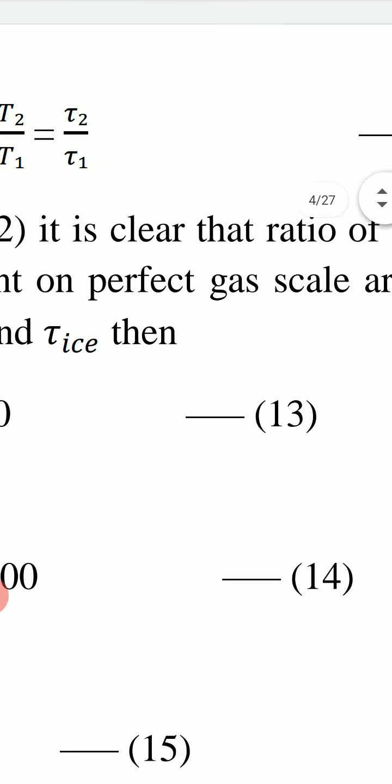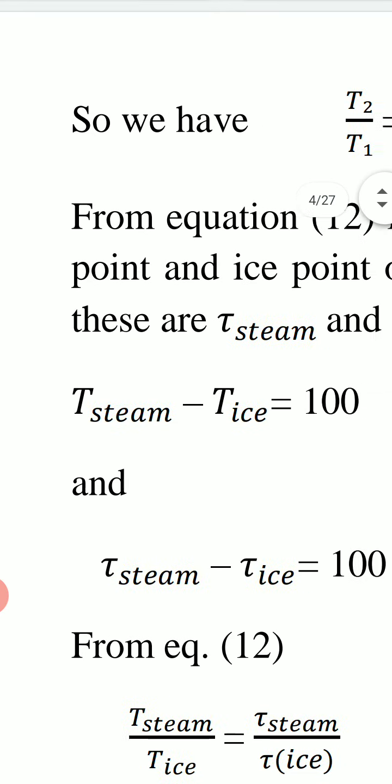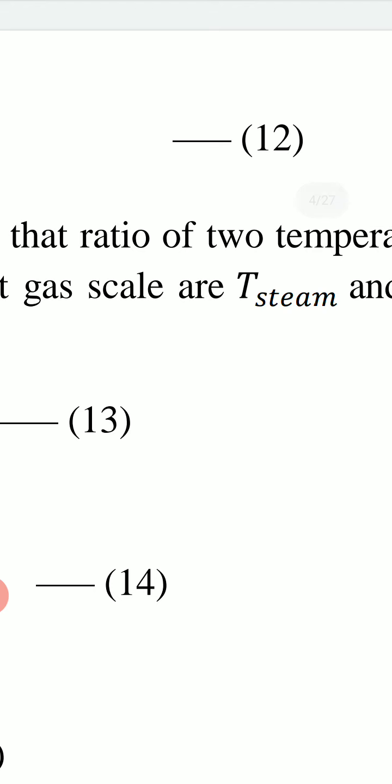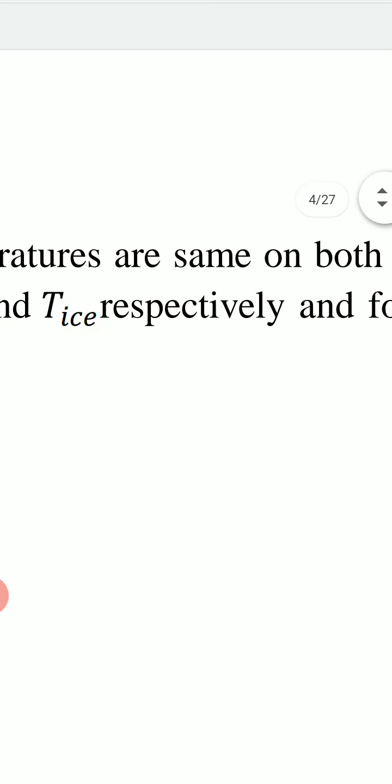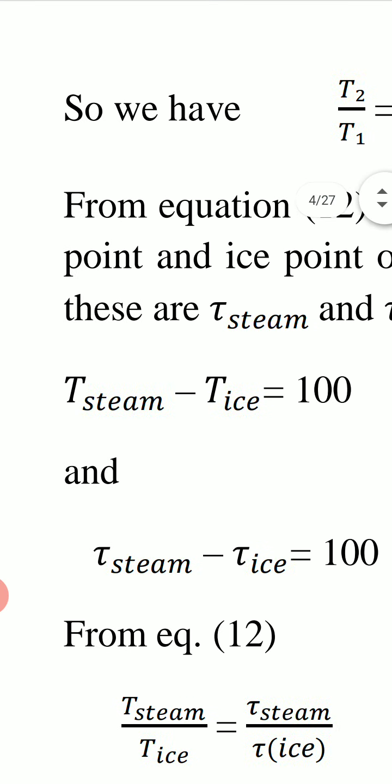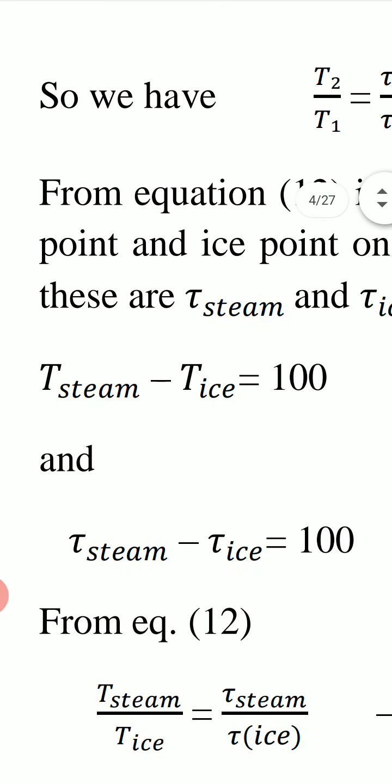Let the steam point and ice point on the perfect gas scale be T steam and T ice respectively, and for the absolute scale these two temperatures are tau steam and tau ice. Then we have T steam minus T ice is 100, the difference of steam temperature and ice temperature divided into 100 equal parts.